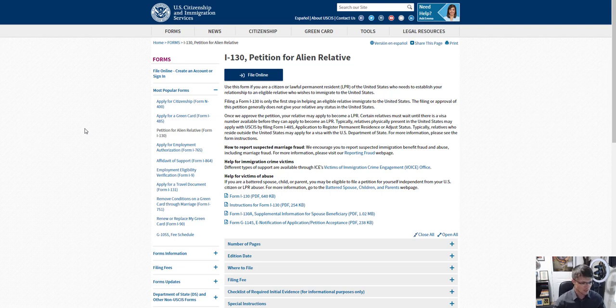And if you want to bring those relatives to the United States and help them immigrate, you need to fill out the I-130. That's what the I-130 is for.